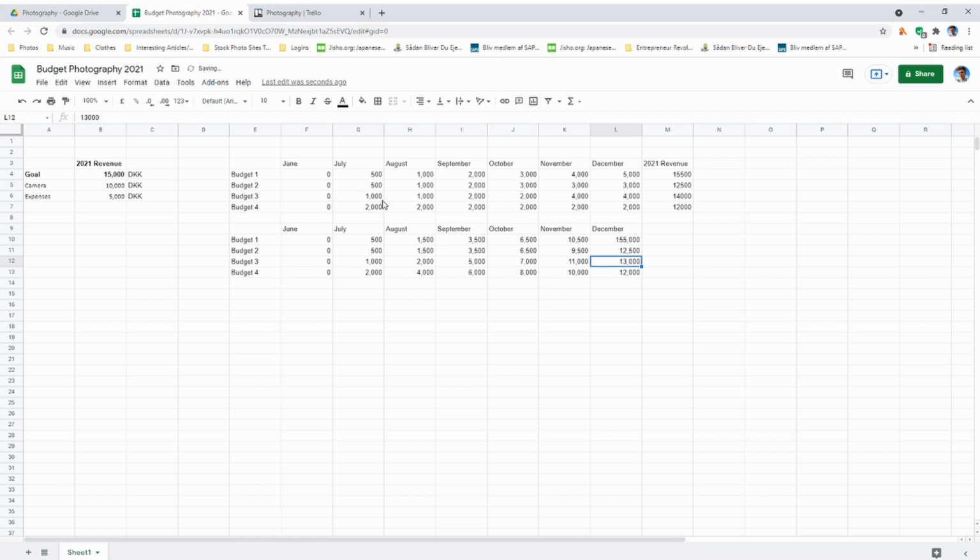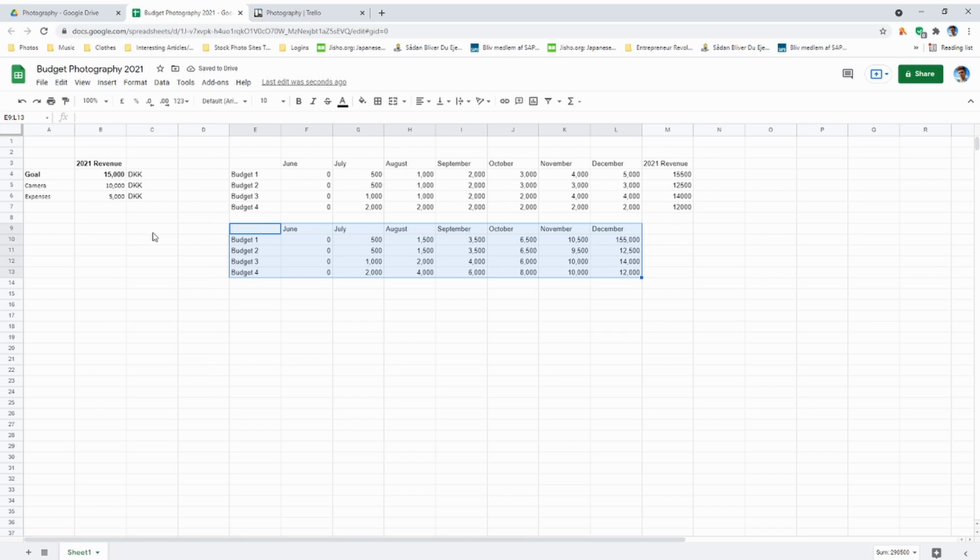That's still not right. Hold on. 1,000. 2,000. It's supposed to be 4,000. 6,000. 10,000. 14,000. There you go. Now here's where it gets really interesting.